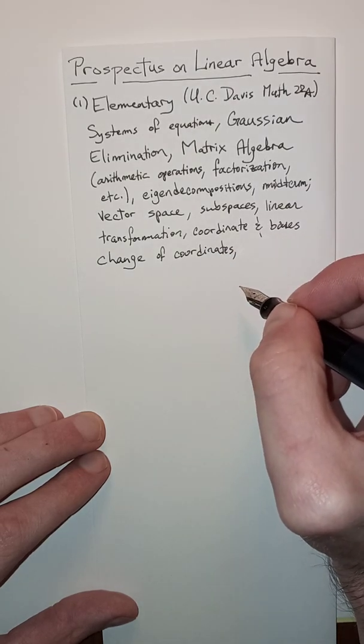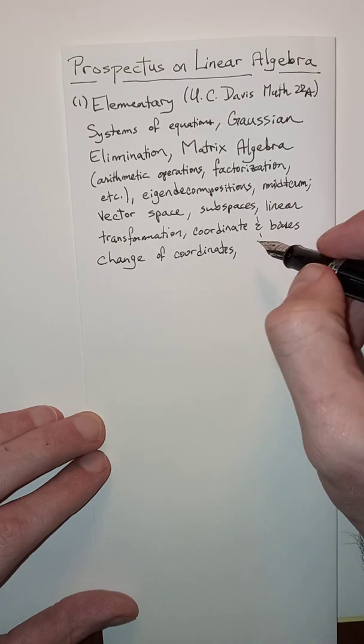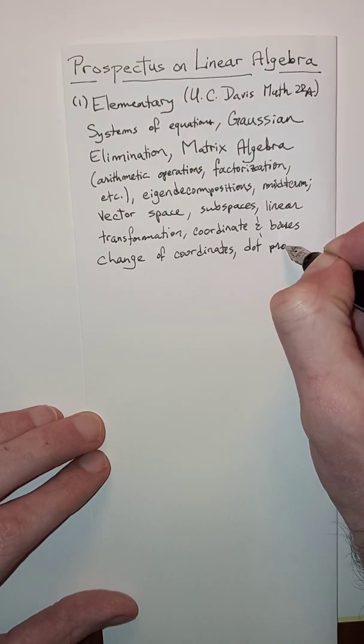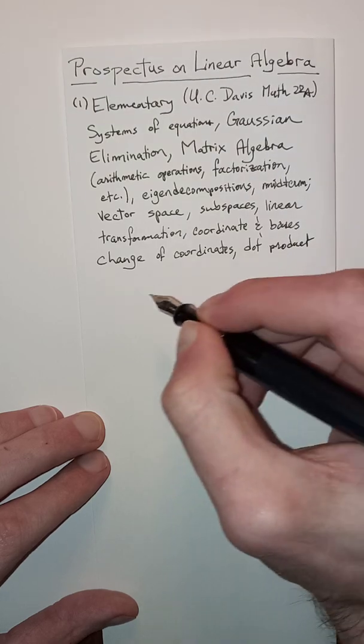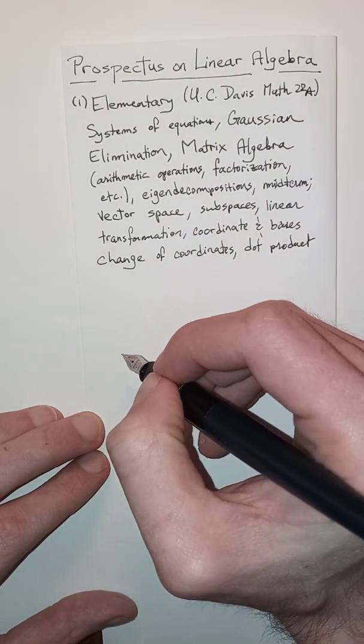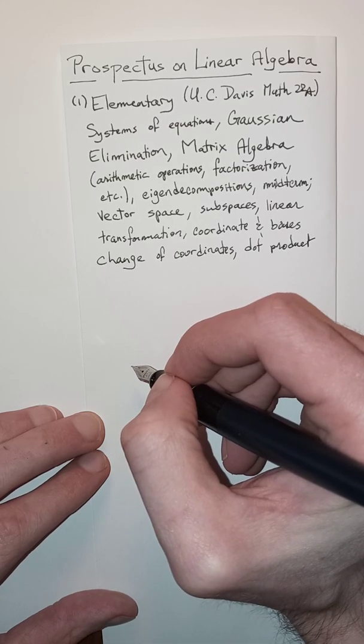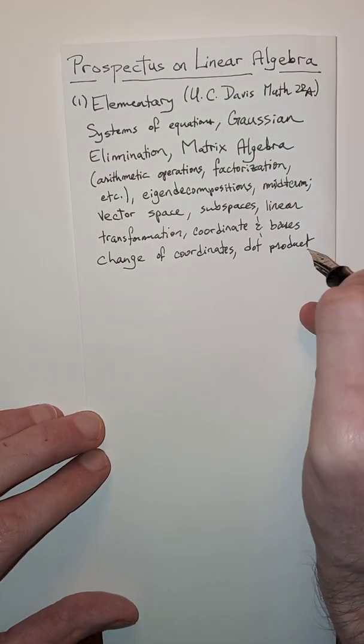Let's see, once we have that, we usually talk about dot product, which measures how much a vector is along another vector. We'll get to it eventually, don't worry.